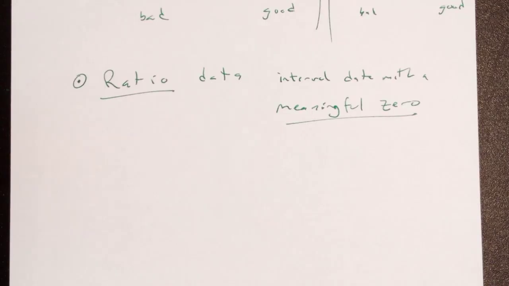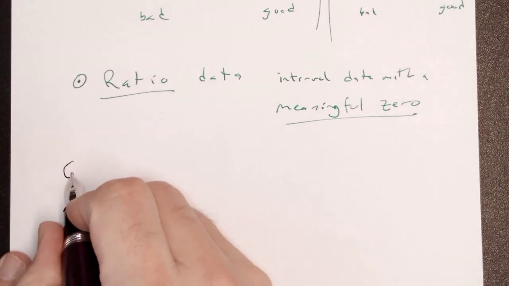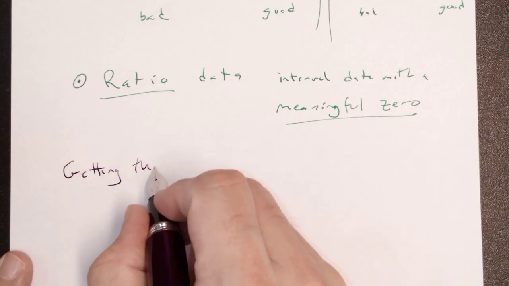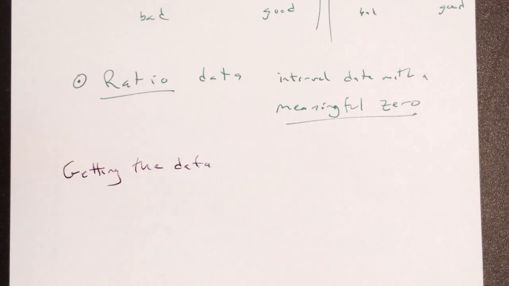So I get data. I get to do things with it. How do I get the data? I could quite reasonably ask, what is the average age of a Seton Hill student?